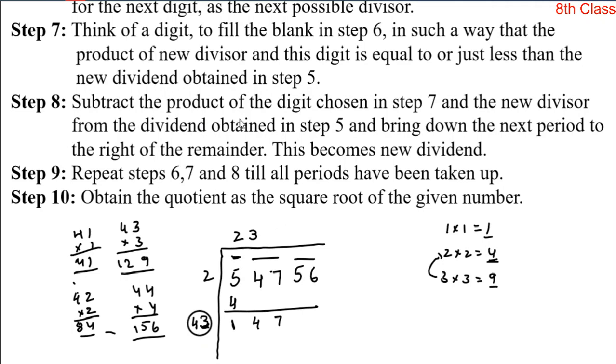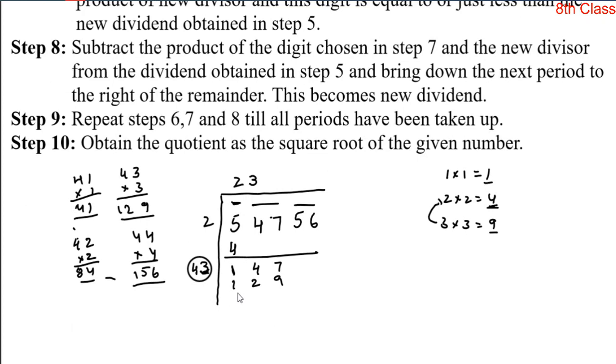Now subtract the product of the digit chosen in step 7 and the new divisor from the dividend obtained in step 5. So what is the product? 43 into 3 is equal to 129. Subtract that 129 from the new dividend, 147. 147 minus 129 is equal to 18.